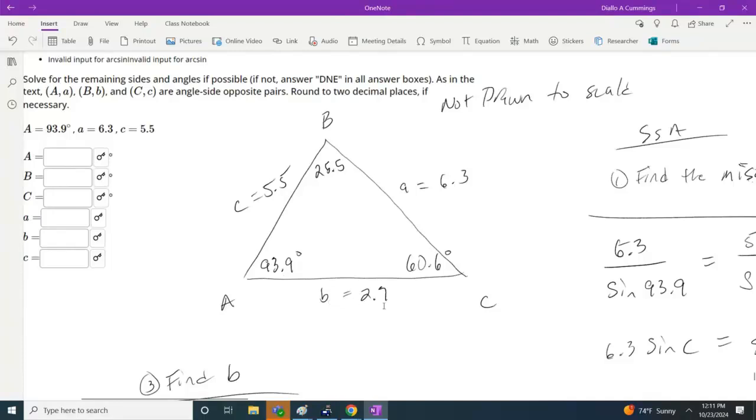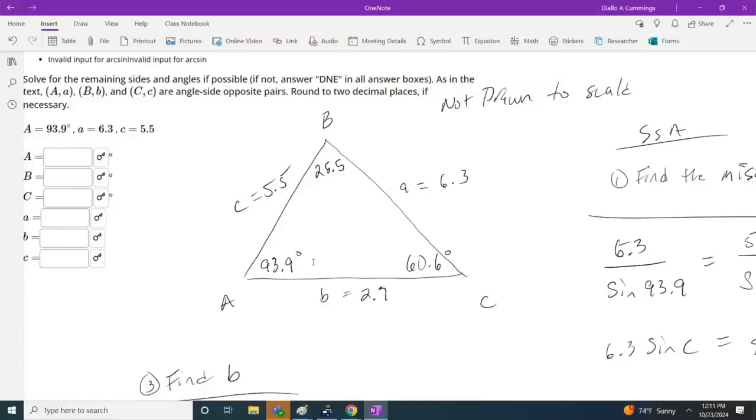My smallest side is 2.7, and the smallest angle in that triangle is 25.5. So if you're trying to find the largest angle, you would simply find the largest side, in this case 6.3, and opposite it you can find the largest angle. So when we meet next time, when it says find the largest angle or the smallest angle, we'll know how to navigate through that.